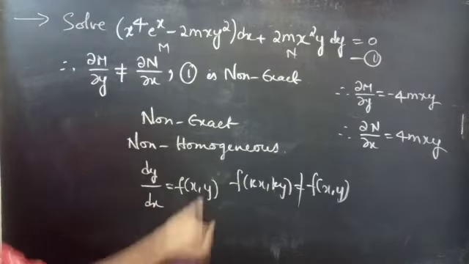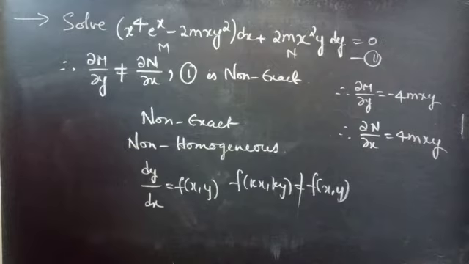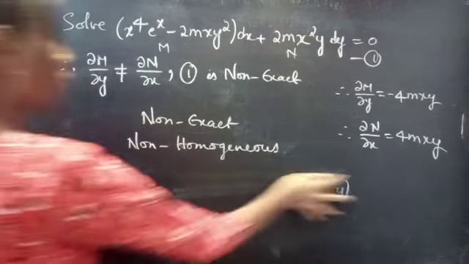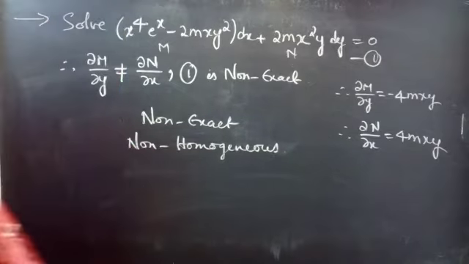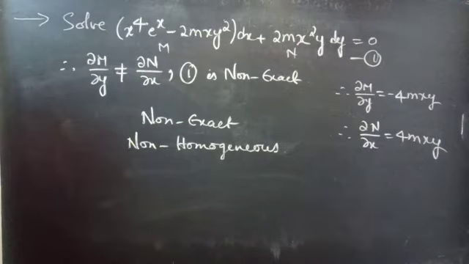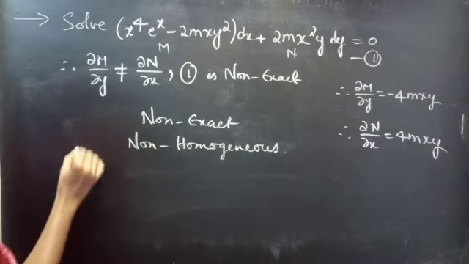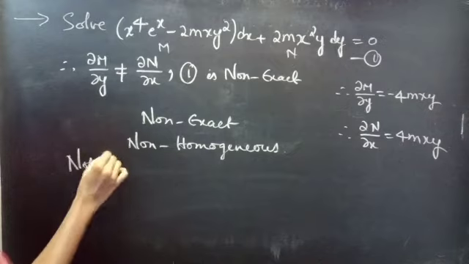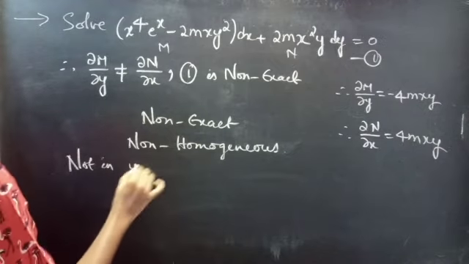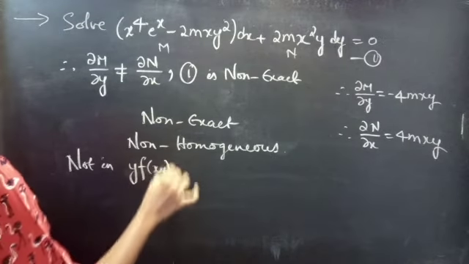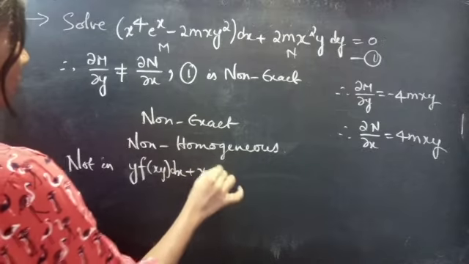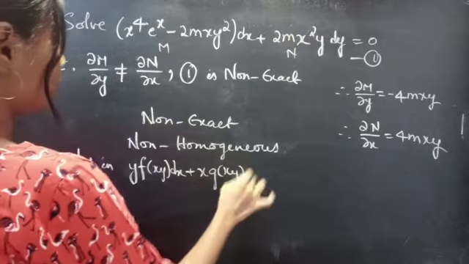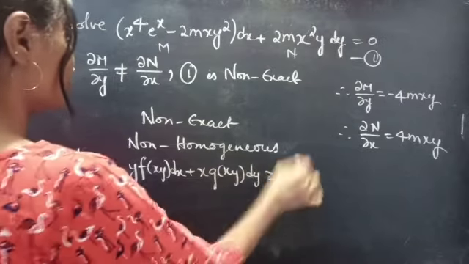Otherwise, it is called a non-homogeneous differential equation. If you want, you can check it. Also the given equation is not in the form y f(xy) dx + x g(xy) dy = 0.